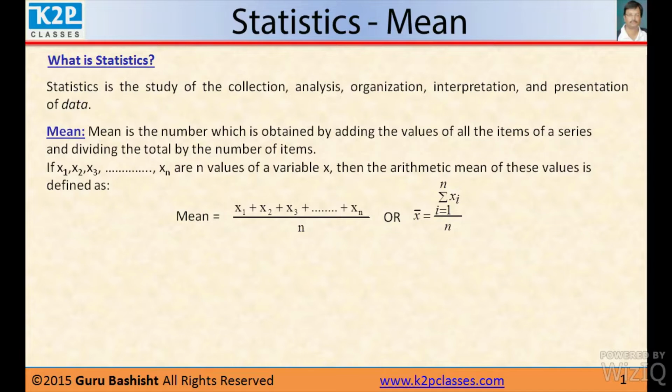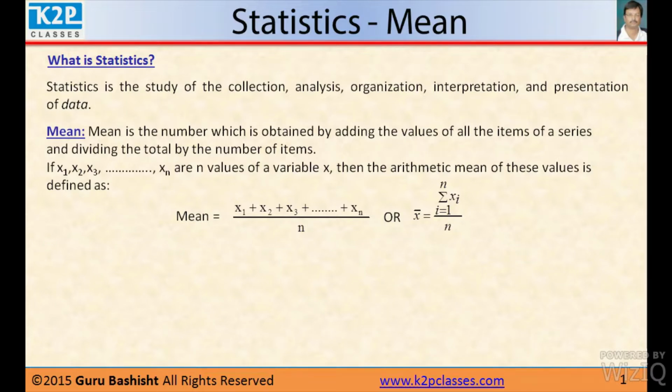Now see, what is mean? Mean is the number which is obtained by adding the values of all the items of a series and dividing the total by the number of items.